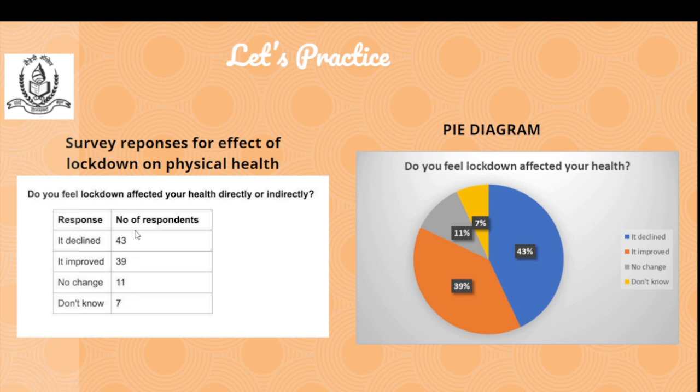So if there are 43 respondents for health decline, then because the total is 100, it will automatically come out as 43%. For this 43%, using the formula for calculating the degrees, you will calculate the degree, and then you can see here that for every percentage, different degrees are being represented as the different subsectors.